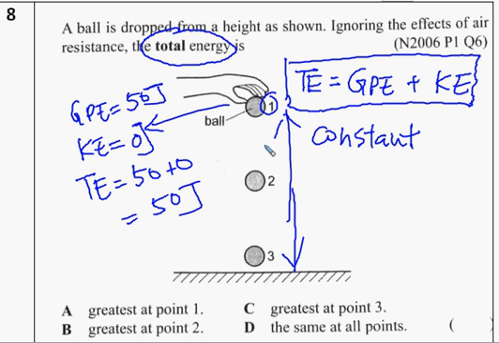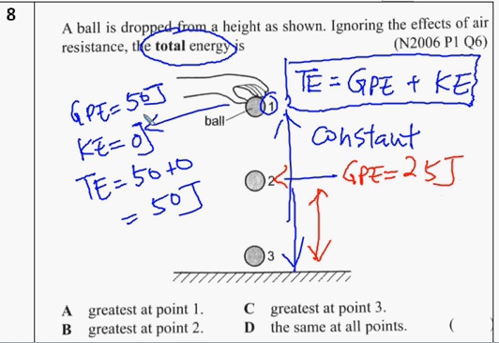But you notice at position 2, it has reached the halfway mark. If my total energy that I start with is 50 joule, at the halfway mark my GPE is now reduced by half the height. Originally I started off with 50 joule, so half the height gives around 25 joule.